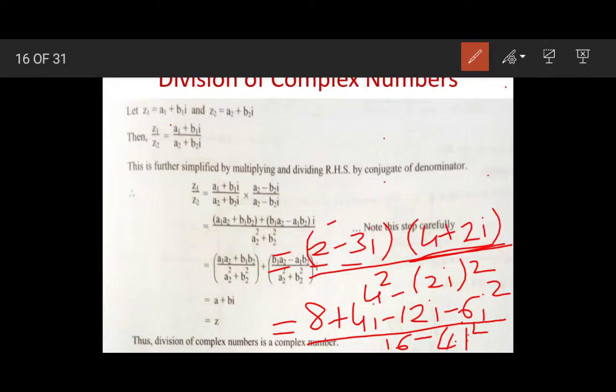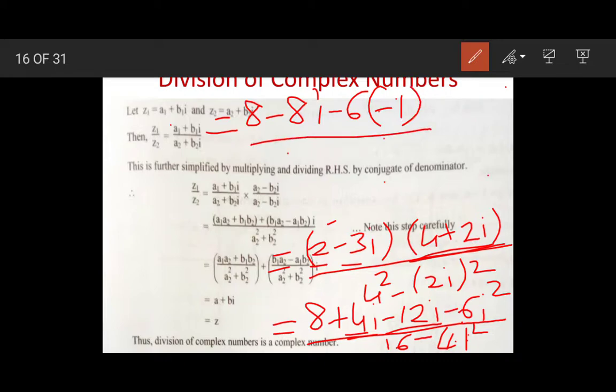So the numerator will be 8 plus 4i minus 12i, so minus 8i, then minus 6 times i square, which is minus 1, upon the denominator 16 minus 4 times i square, and this i square is also minus 1.